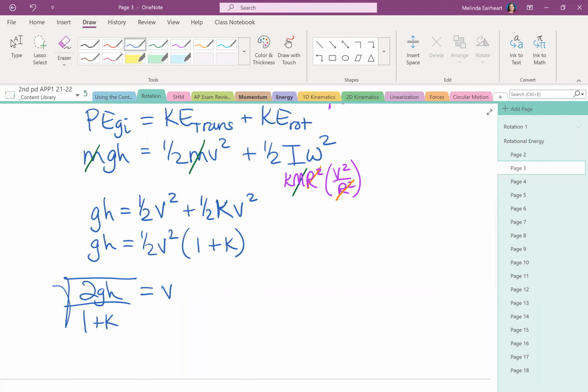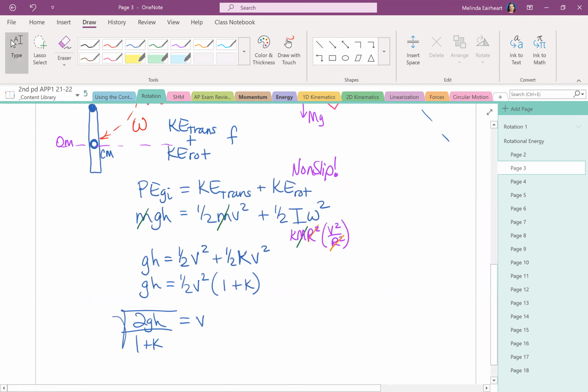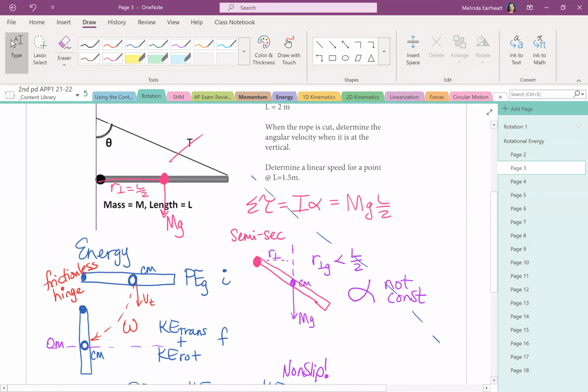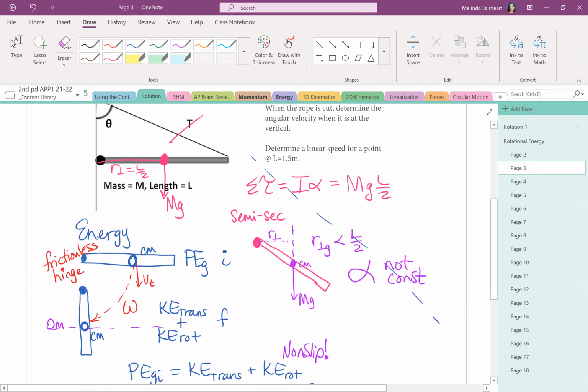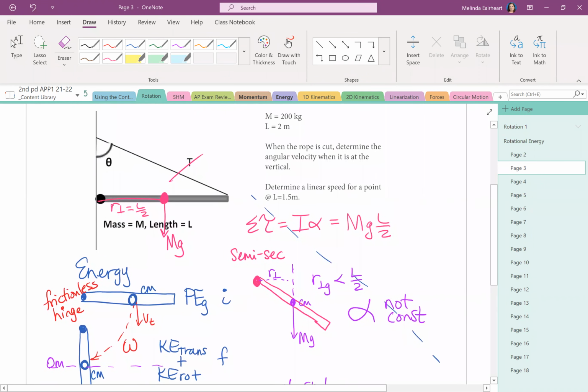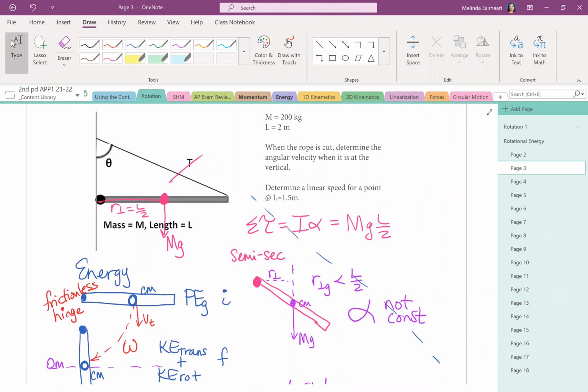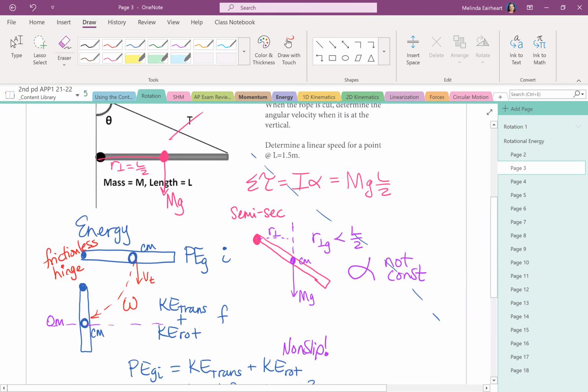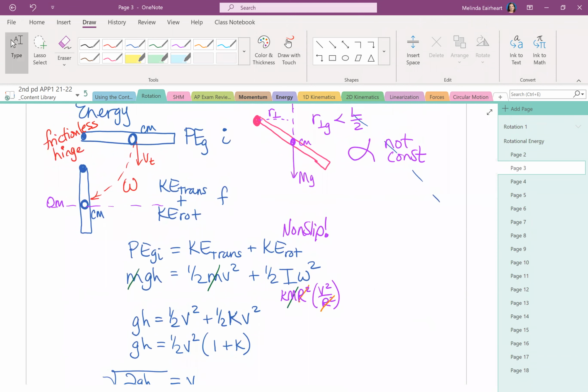Okay. And so up above, they gave us what? Oh, I guess I'm solving for linear speed first. Okay. They gave us the mass, they gave us the length. Now mass canceled out. Length is going to help us use the height. And so we were looking at the center of mass. What height change would the center of mass undergo?